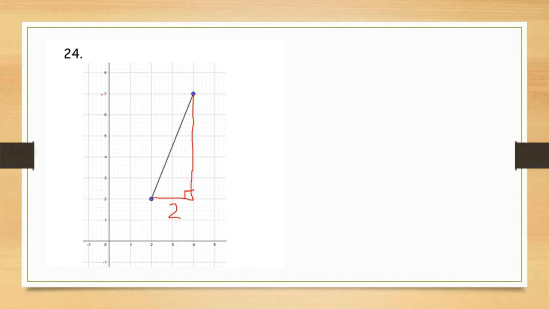So it goes from 7 down to 2, or up from 2 to 7. So the difference between these two is 5. Count 1, 2, 3, 4, 5. And then we use Pythagoras' theorem. So again, this bit, 2 squared plus 5 squared, 5.39 to 2 decimal places.